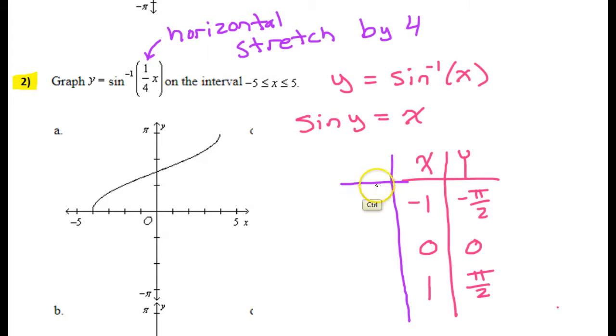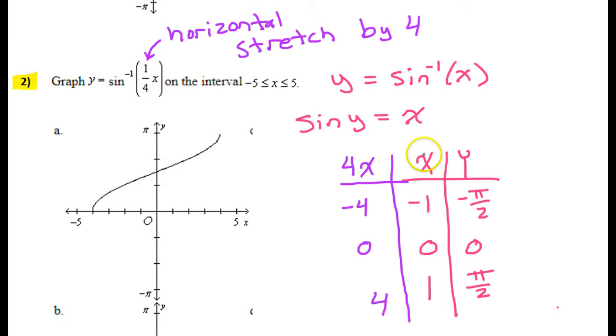So I'm going to have new x values then, and I'll make a new x column on my little chart here. And I will just multiply all of my original x values by 4, and that will give me this horizontal stretch by 4. So if I multiply all these by 4, that's going to give me -4, 0, and 4.